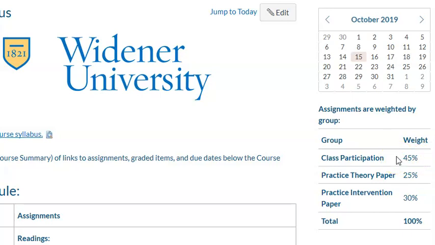So, as you're aware, in most instances, you will be completing an initial post on Thursday and then responding to either one or two of your classmates. And make sure that you do those responses because this is weighted heavily in your grade. There is a practice theory paper and a practice intervention paper, which equals the 100%.